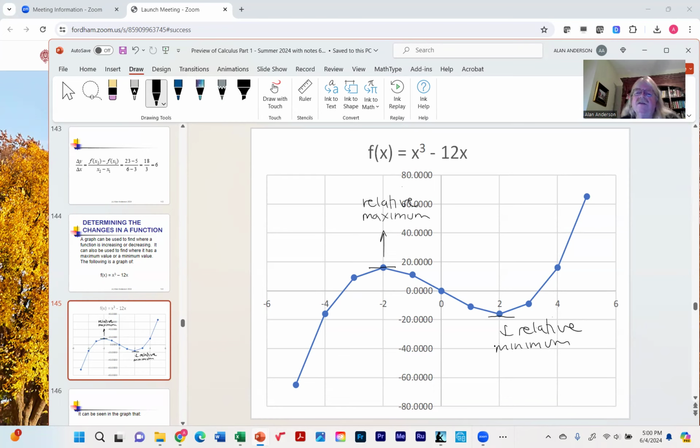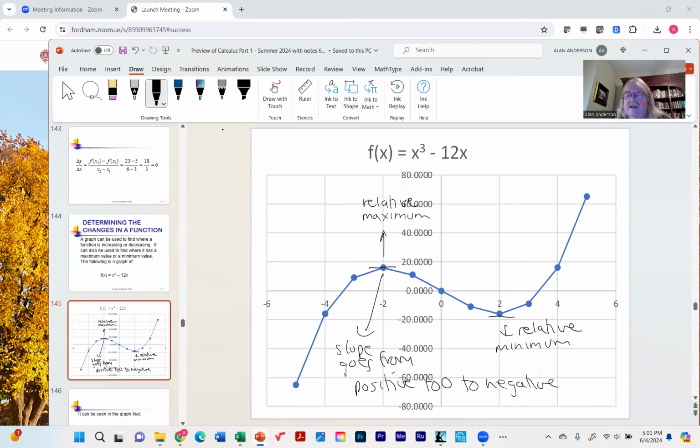What we also want to point out here is that you can identify a relative maximum or minimum not only by the fact that the tangent line is flat or has a slope of 0, but by looking at the behavior of the function. Like here, for example, in this region or neighborhood, the slope goes from positive to 0 and then to negative.